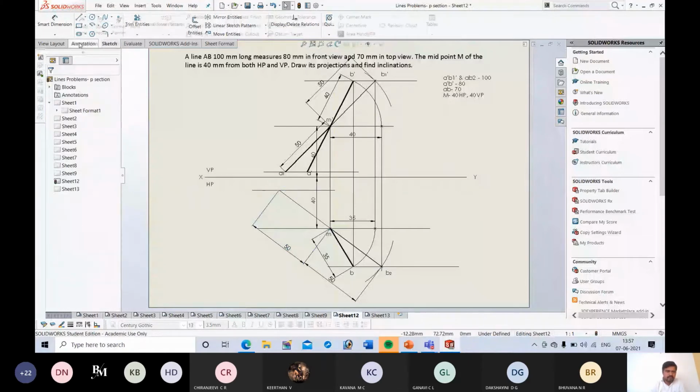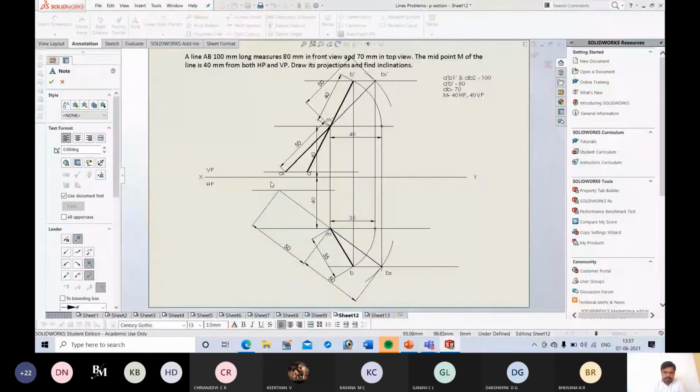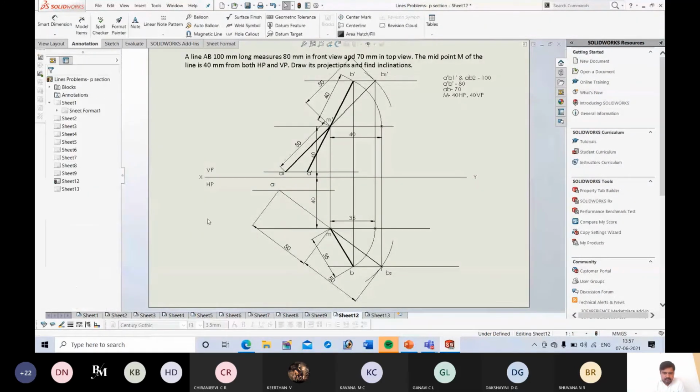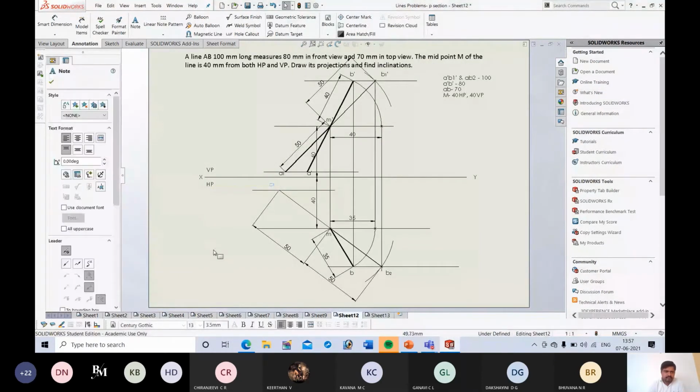So this is A1. Next, I will extend this line.